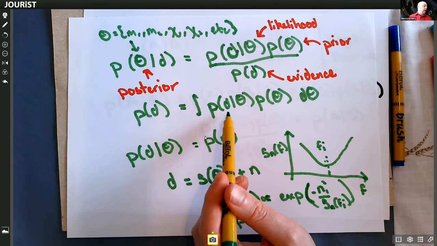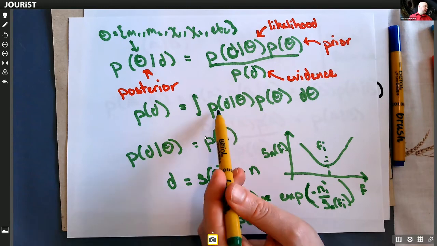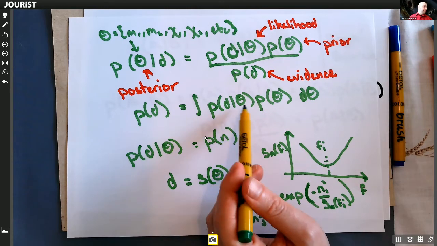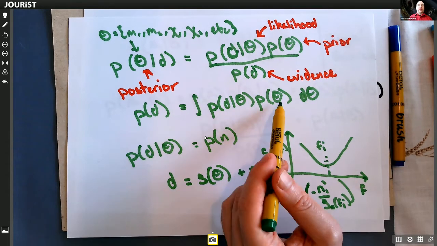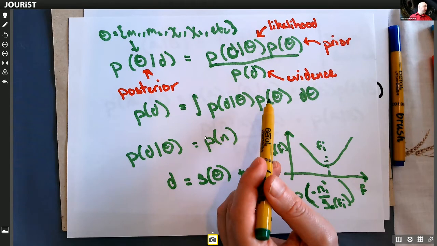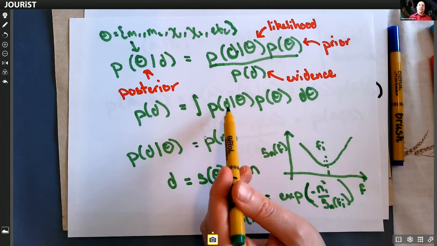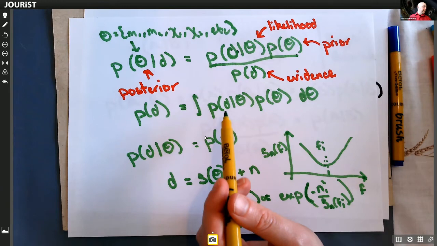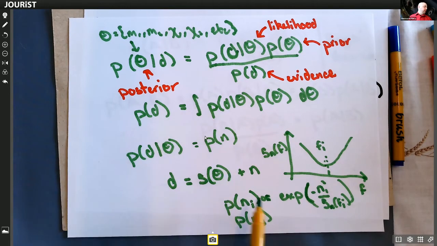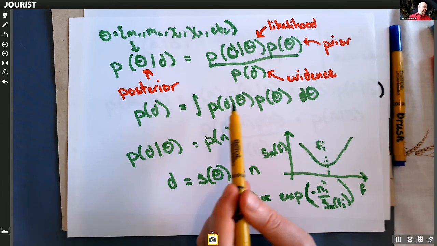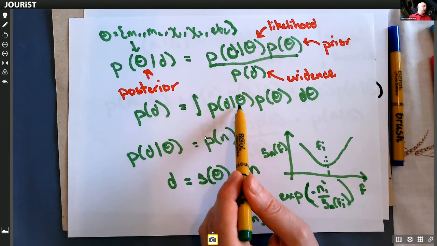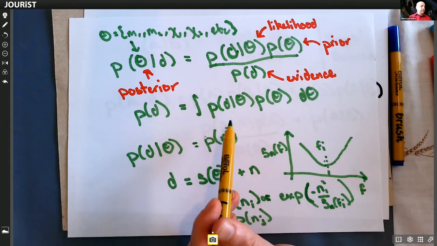Okay, so let's assume we knew we had a particular set of source parameters, theta. What is the probability of getting that particular realization of the data? We can calculate that from the likelihood, right? So we know we have this signal. What's the probability of getting this data? Probability of getting the right bit of noise to get things to match up. So if we had this value of theta, we could calculate the probability of getting this data.